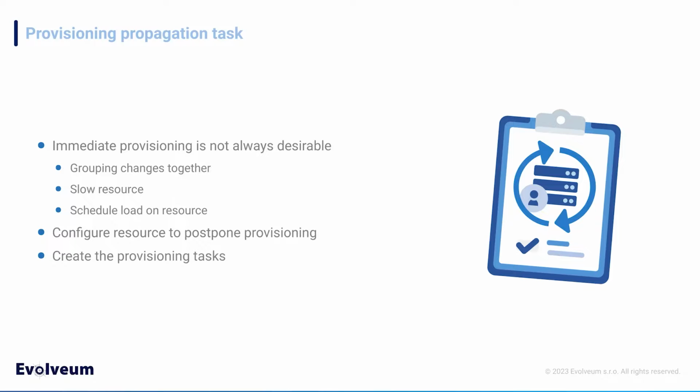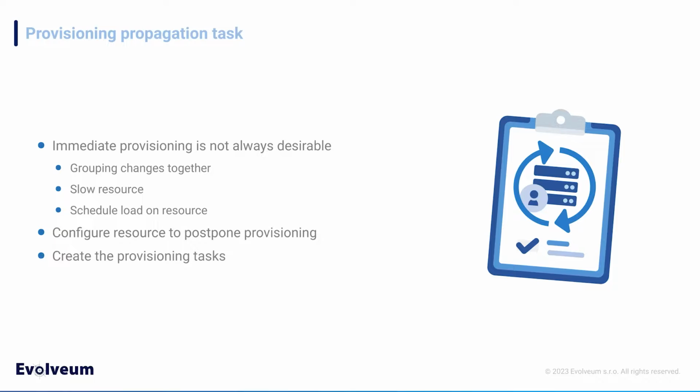So you will say, okay, for this resource, do not provision immediately. We will do it in a separate way. Or you might have some performance problem on the resource, so you don't want to stress it, for example, during the workday. So you want to execute changes over the weekends or over the night. These are some cases when this might be desirable.